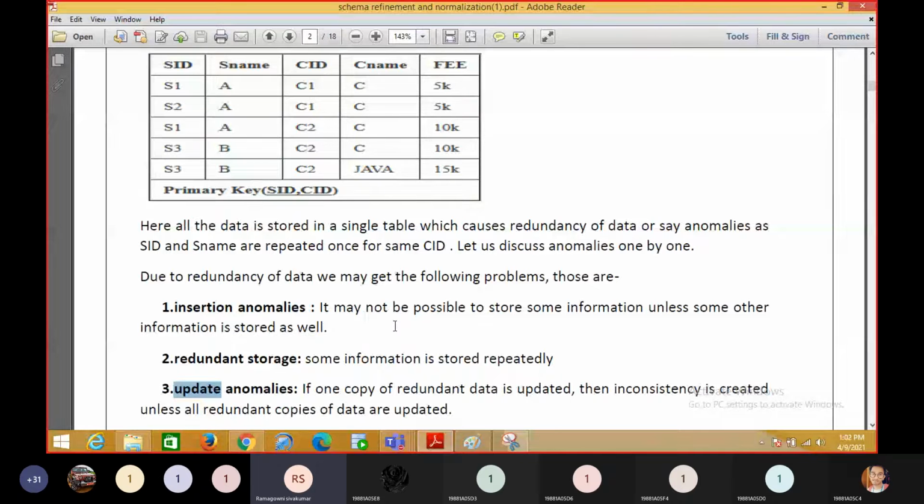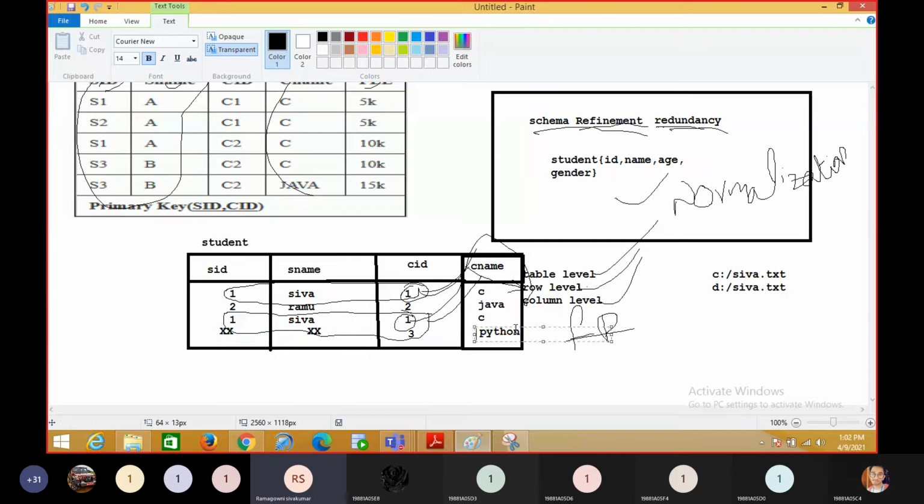The insert problem means it may not be possible to store some information unless some other information is stored. If you are inserting the Python course, you need to insert the SID and SNAME also. But no students are available to take the Python course, so we are forced to insert dummy data. That's the insert problem, the insert anomalies.